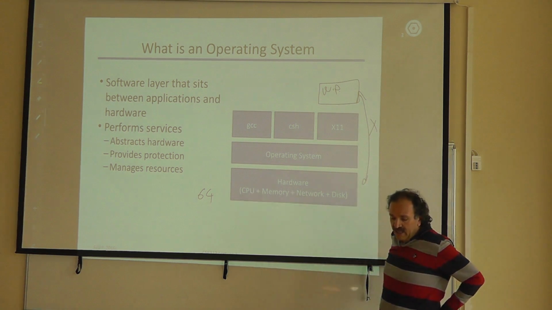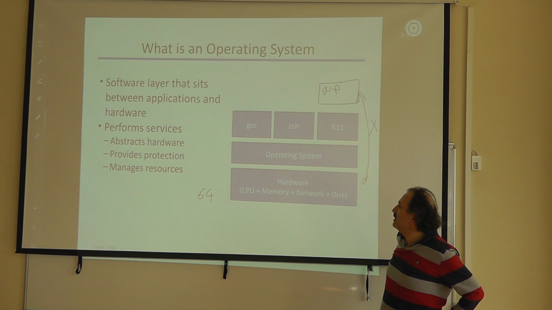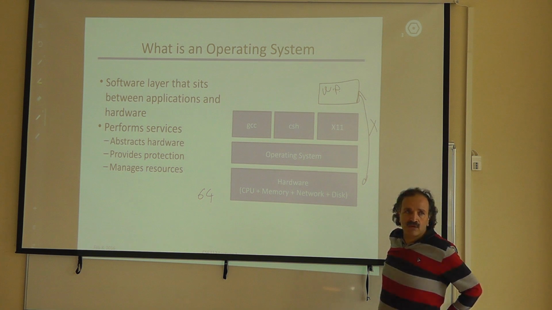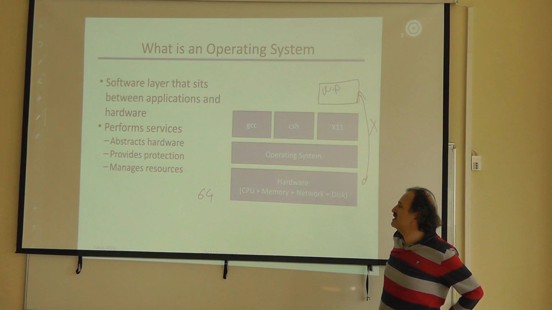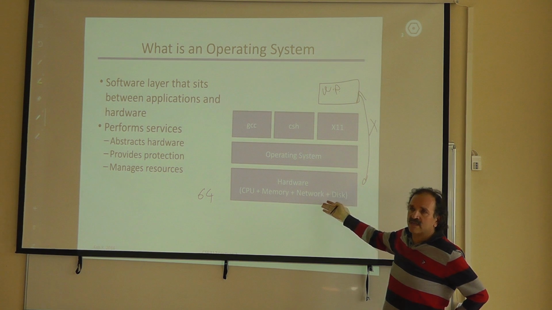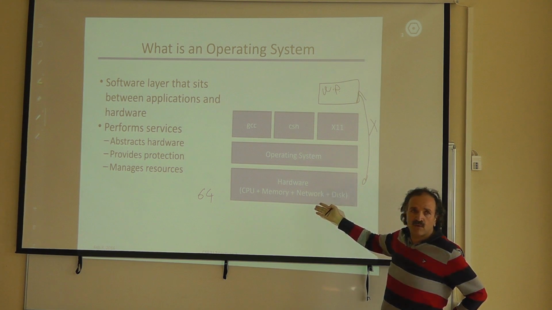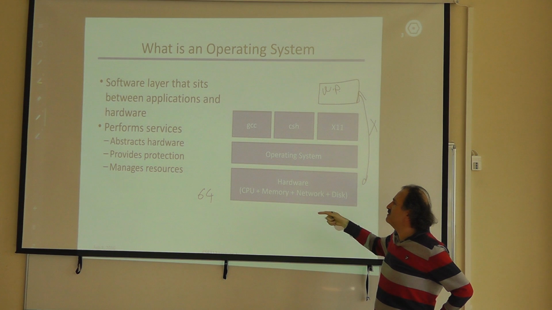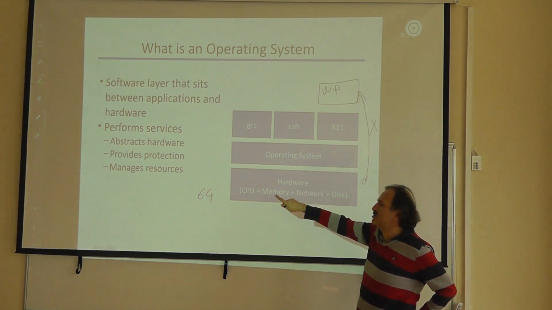If you don't manage your resources, one process will take all your resources and the other processes will starve to death. They will not get access to the CPU or the network or the disk. That means your operating system has crashed. That's why the operating system has to manage the resources.